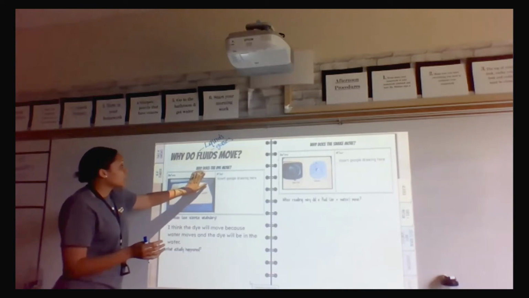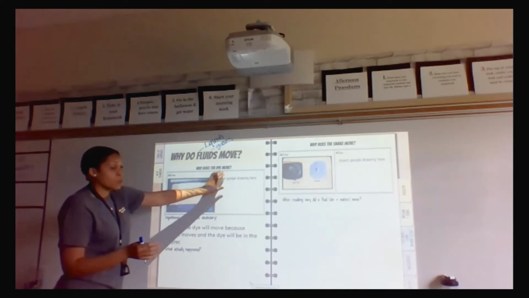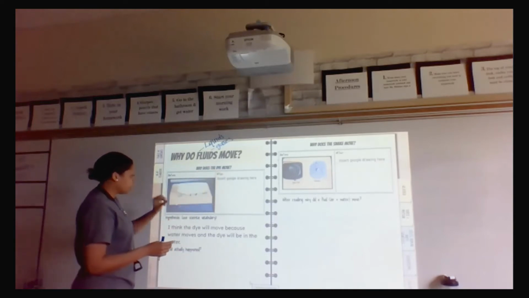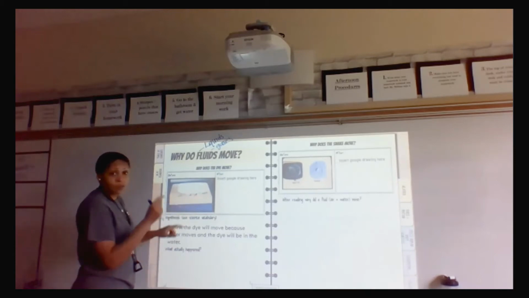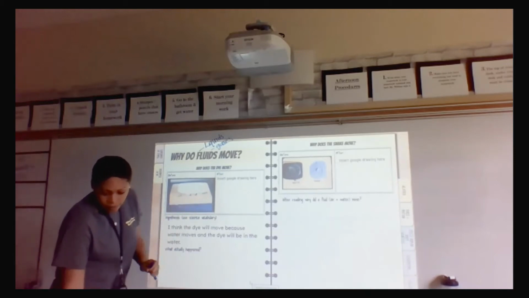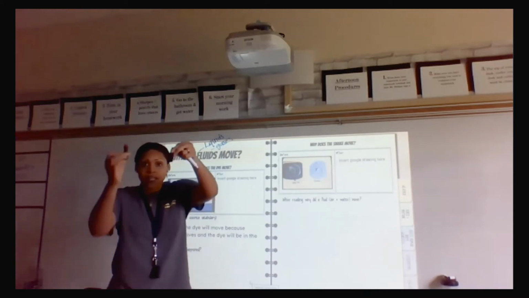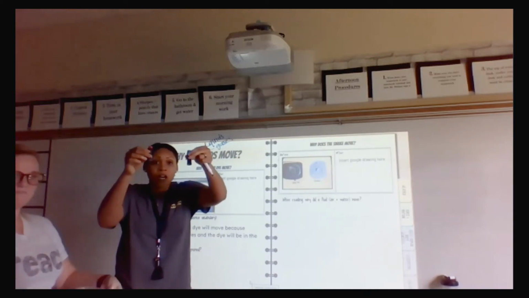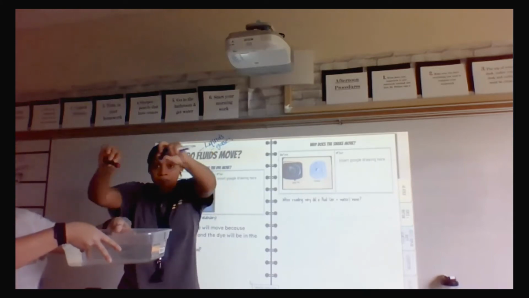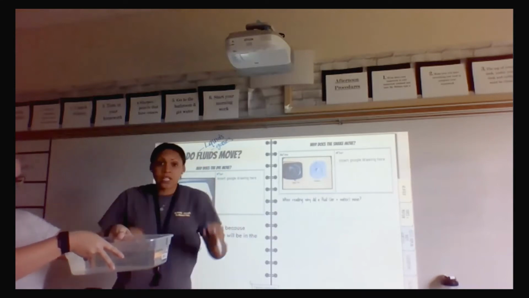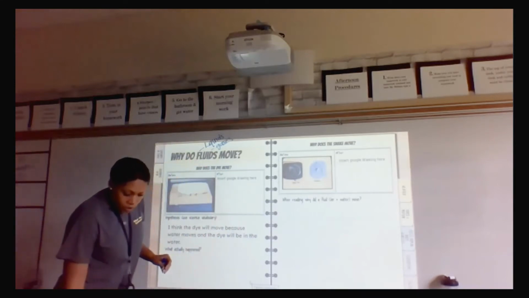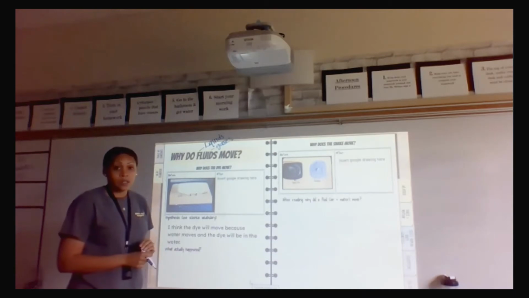But what we're asking you is, why does the dye move? We are taking a red dye and a blue dye, and we're going to place them into the water, and we want to know why the dye is going to move.